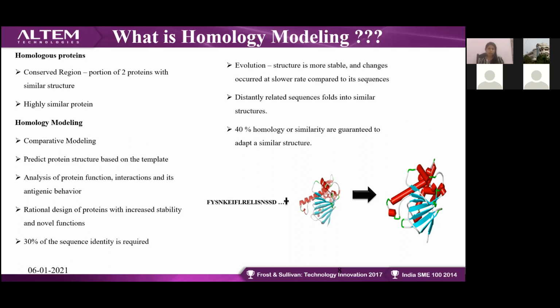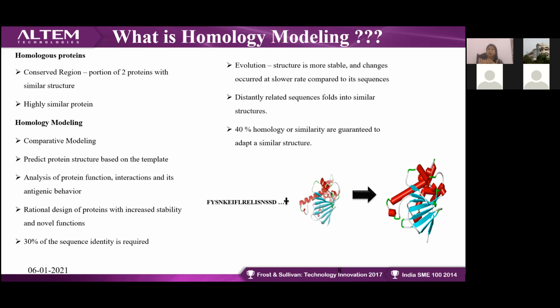So you'll be having two structures. Say for example, you have two protein structures, and you will be comparing those protein structures. That is called comparative modeling. So apart from that, you will have to predict your protein structure based on the template molecule.